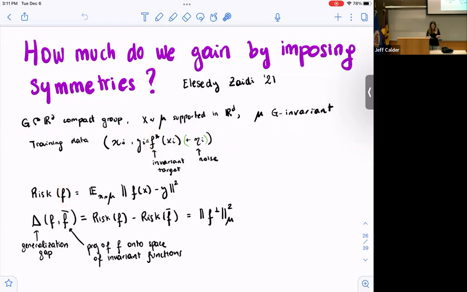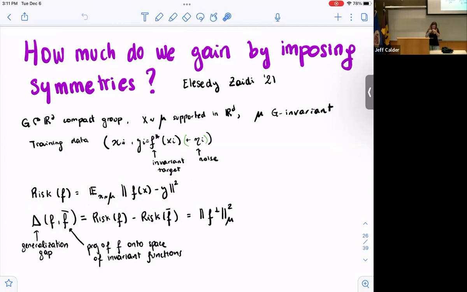You define the risk of f as the expected value, when your data is sampled from the data distribution, of the square of f minus the true y. The generalization gap is then the difference of these risks. So you can compare the risk of your function f with the risk of the projection of f onto the space of invariant functions.